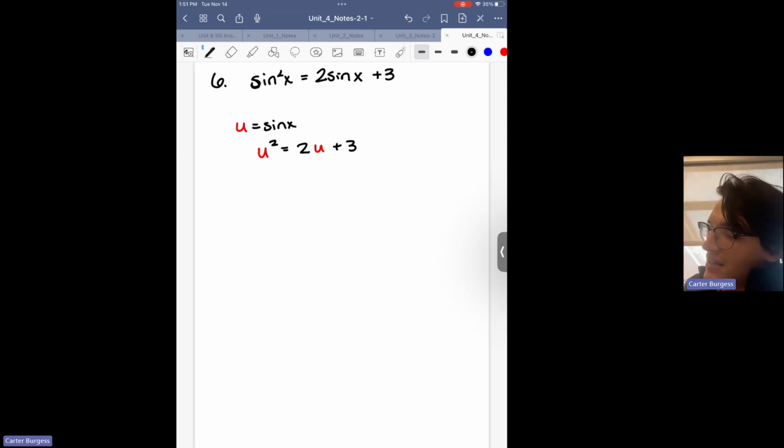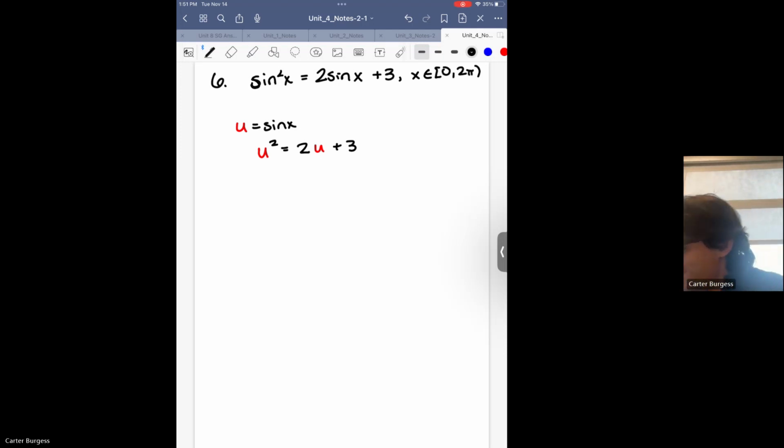Much more cleanly a quadratic. All right. So I now have a quadratic that I am trying to solve.